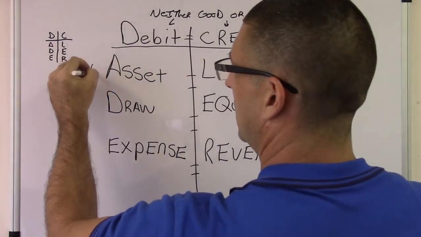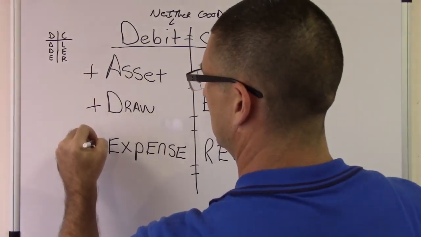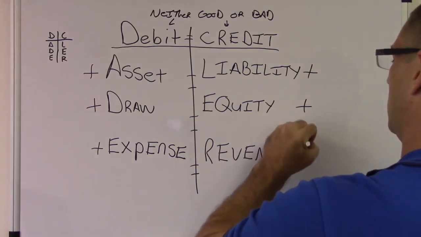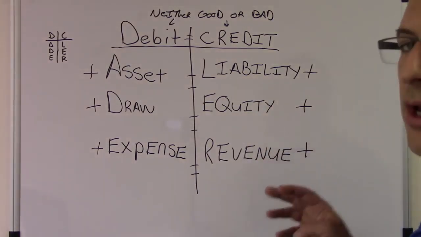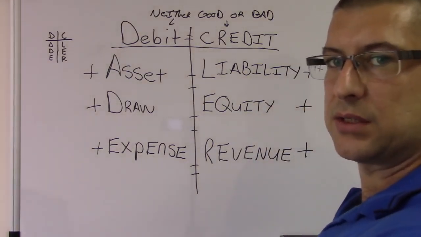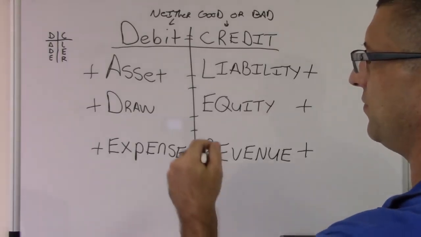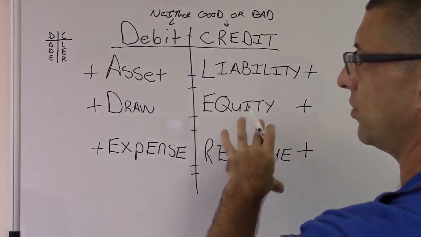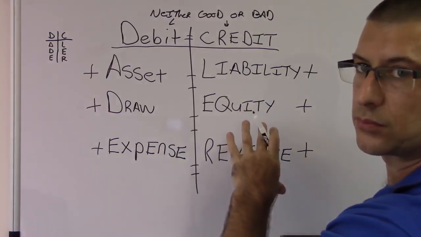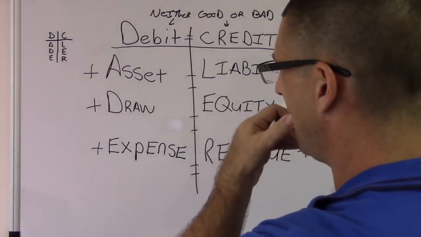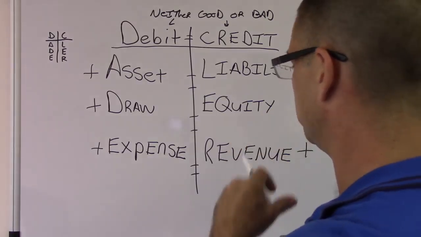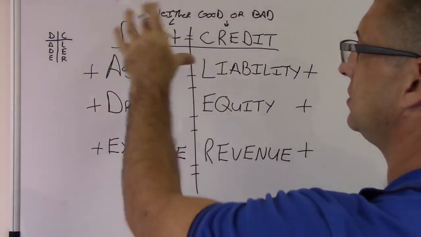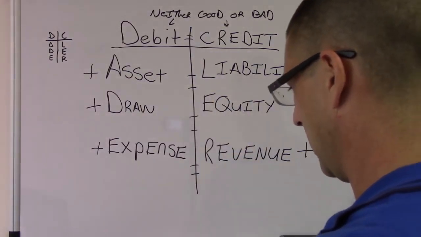So these are all positive sides. You'll see where that comes in later, because if there's an asset leaving, if there's money leaving, it'll be a credit. But anyways, these are positive sides. DC, AID, LER. All right.